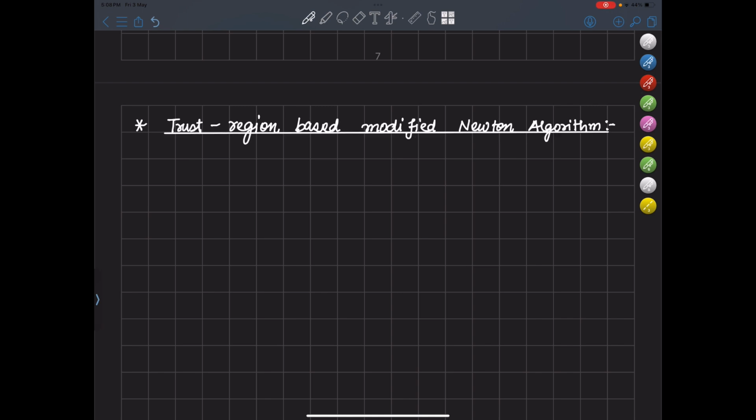So we first initialize all the values that need initialization. So initial point, epsilon, that is used for the stopping condition, and this time we also need delta naught, the initial radius of region of trust, and then we also set the iterate to 0. Now we start the loop.